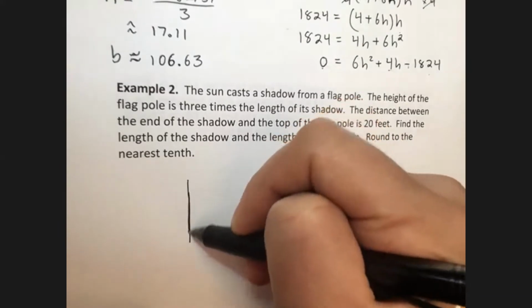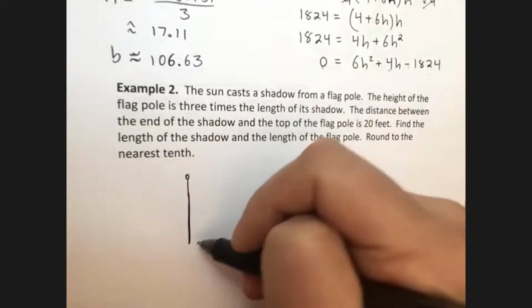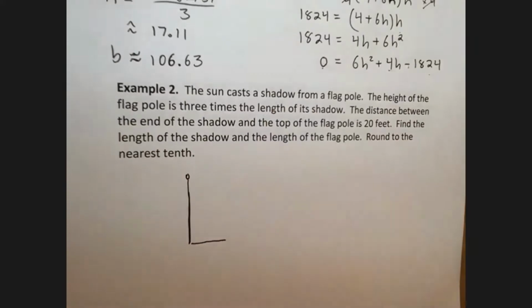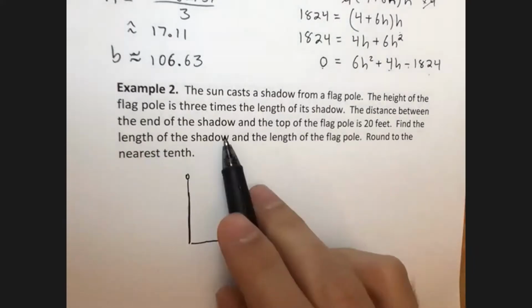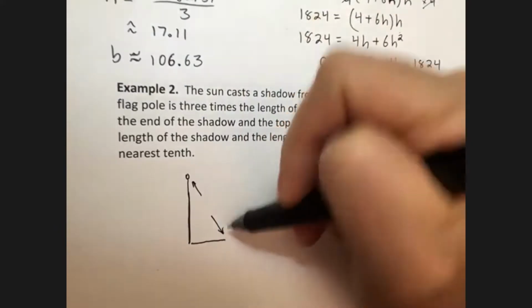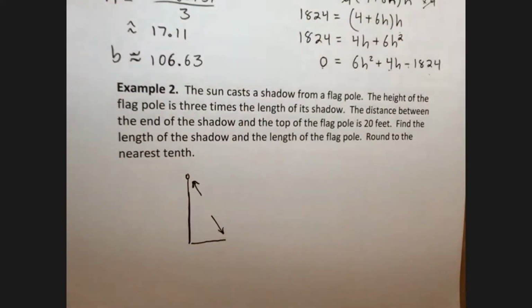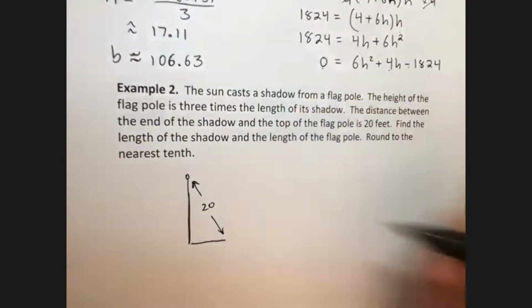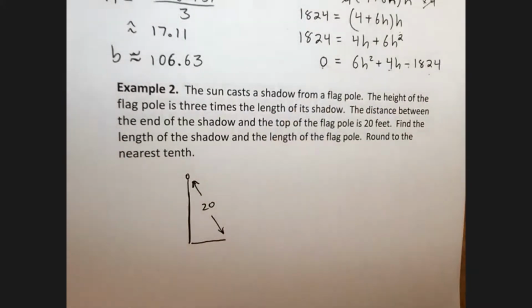We have this flagpole, and the shadow is just 1/3 the height. All right, so we have this. The distance between the end of the shadow and the top of the flagpole, that's this distance, is 20 feet. Find the length of the shadow and the length of the flagpole.